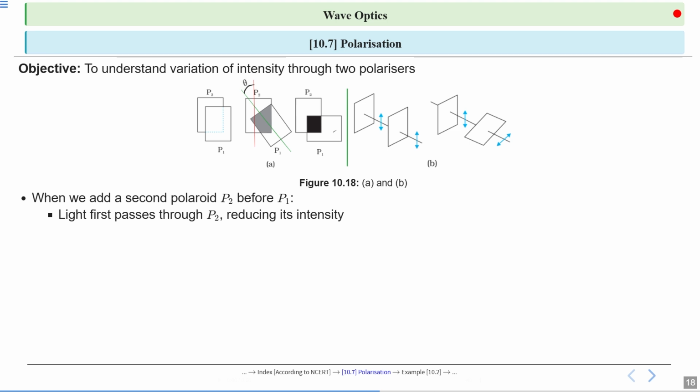When we rotate P1, there will be a specific position where no light will pass through both P2 and P1. This results in complete darkness. It occurs because the polarizers are aligned in such a way that they block all the light.